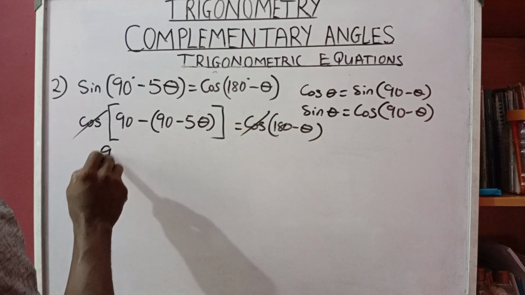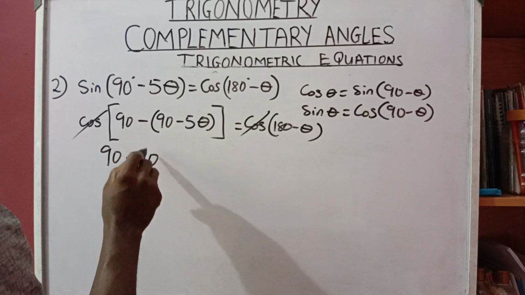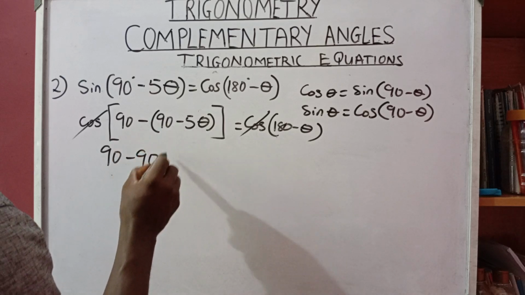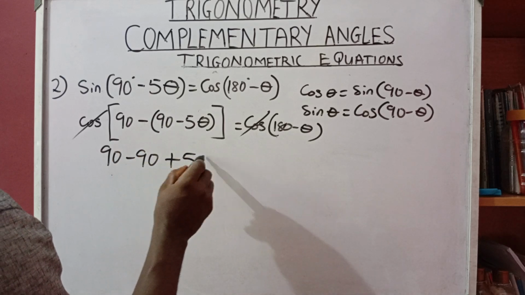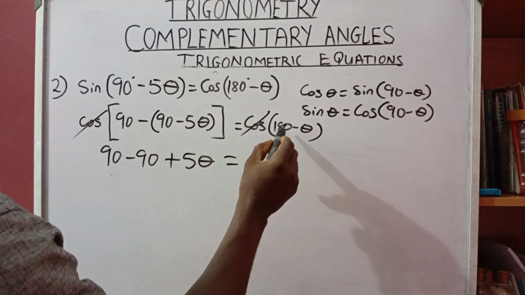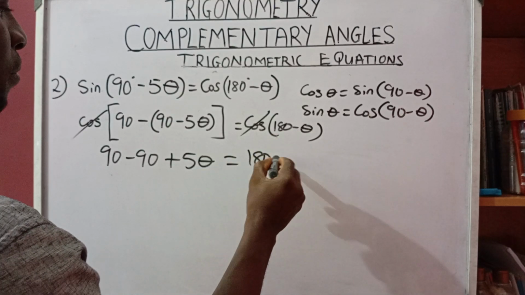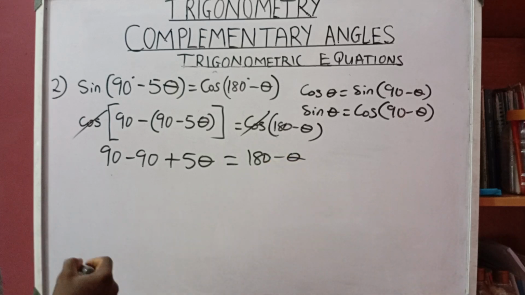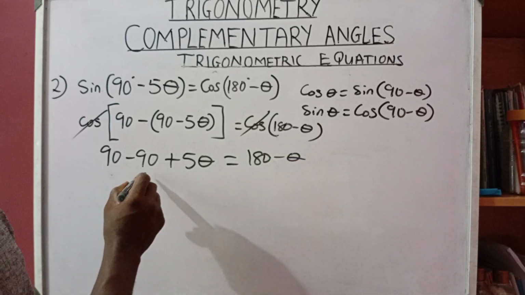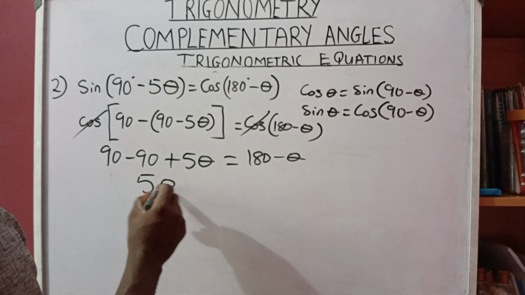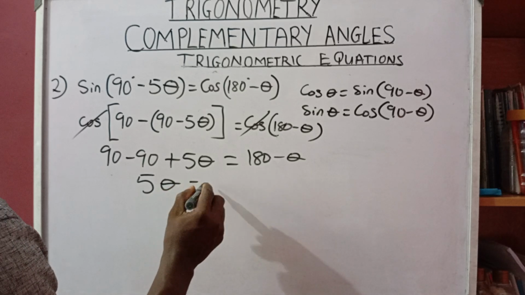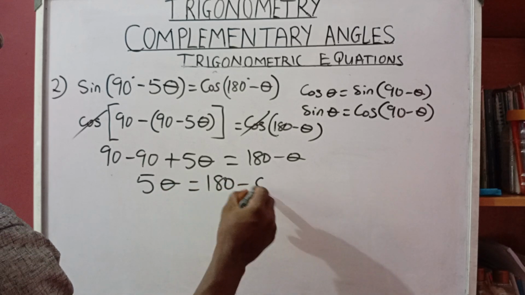So what we now have is 90 minus 90. We open the bracket, minus times minus becomes plus 5 theta equal to 180 minus theta. So this we cancel out. We now have 5 theta is equal to 180 minus theta.